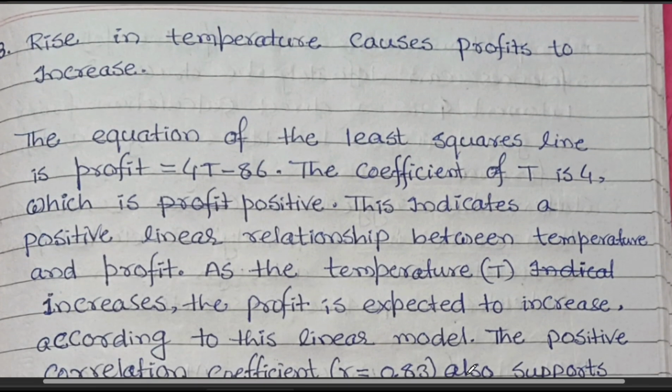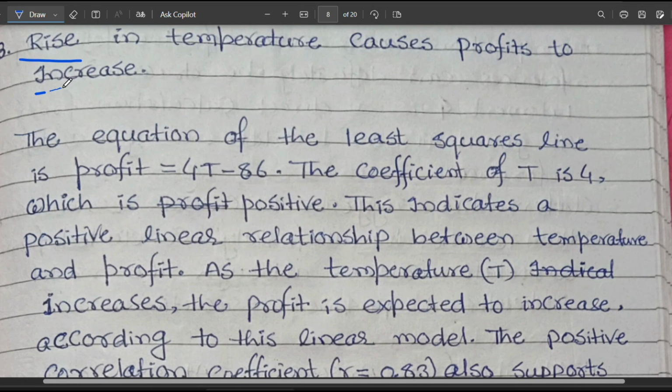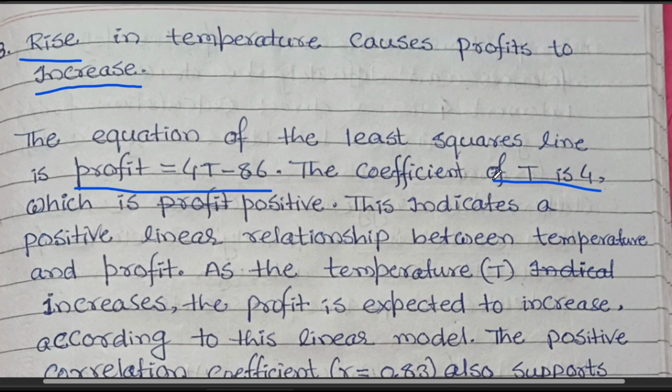Next, the third option: a rise in temperature causes profit to increase. The equation of the least squares line is profit equal to 4T minus 86. The coefficient of T is 4, which is positive. This indicates a positive linear relationship between temperature and profit.